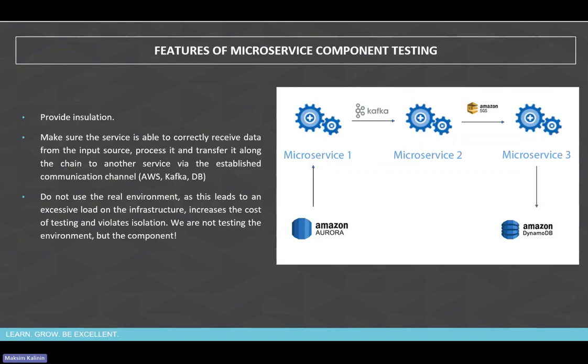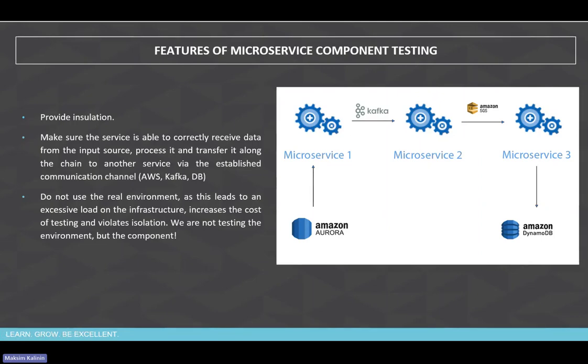First of all is provide installation. Also, we need to make sure the service is able to correctly receive data from the input source, process it, and transfer it along the chain to another service or services via an established communication channel like Kafka, some Amazon service, database, and so on.